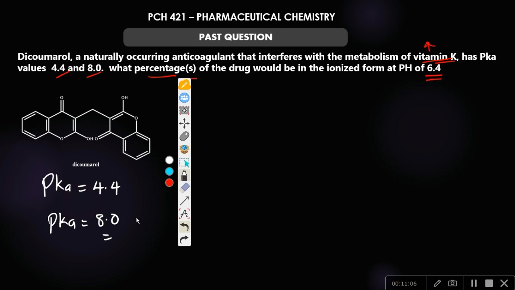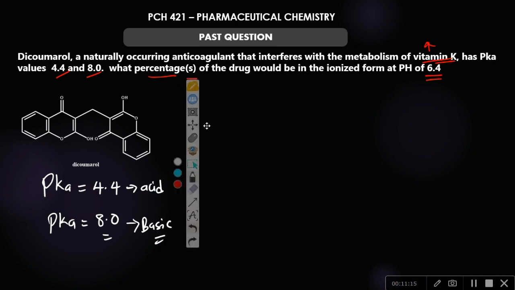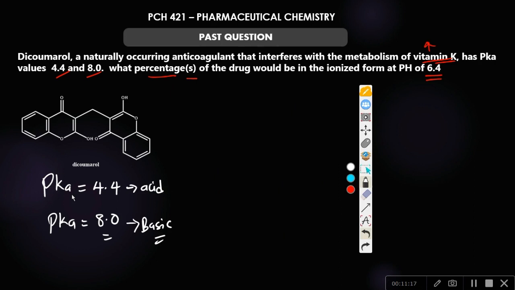While at 4.4 it is acidic. So what we are going to do now is, for this pKa of 4.4, we use the acidic formula to solve, while for this one we use the basic. Is that okay?